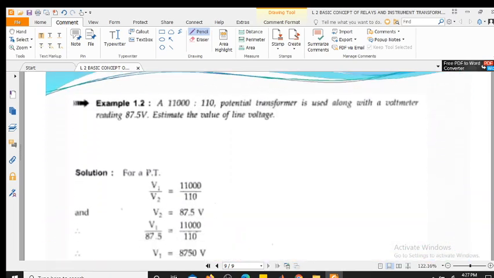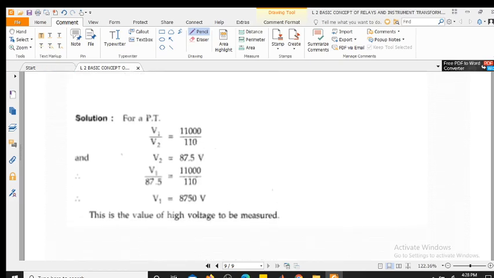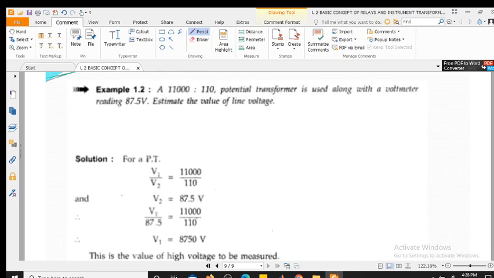In the same way that we found the actual current passing through the primary in the current transformer, we can see for the potential transformer what the actual line voltage is.